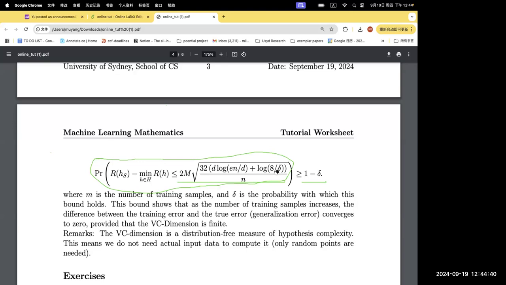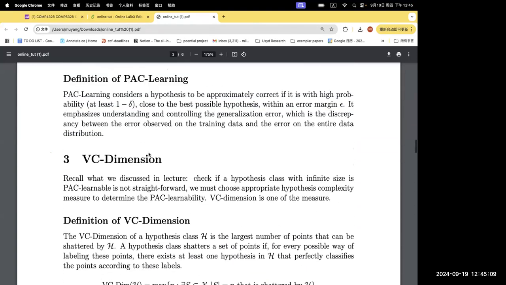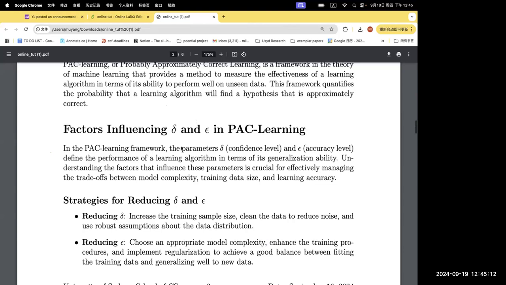This delta essentially depends on the value of epsilon, which means if you say that your algorithm is more accurate, then you can only say this with less confidence, because if you increase the level of accuracy, there will be a larger chance that you will not achieve this accuracy. That is the probable and approximate in PAC learning.